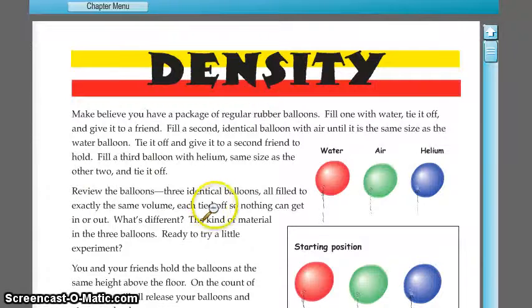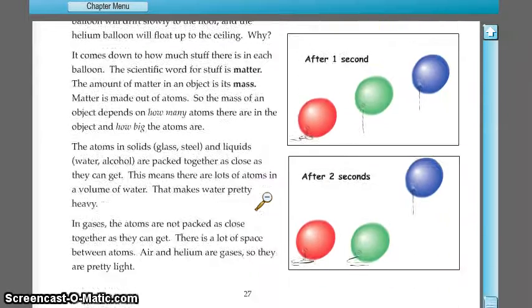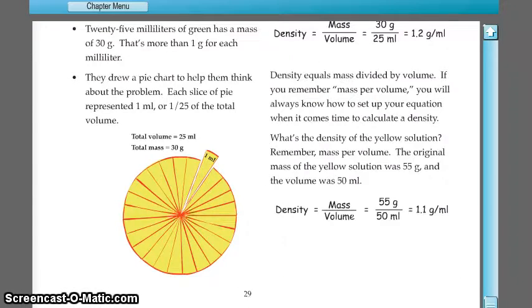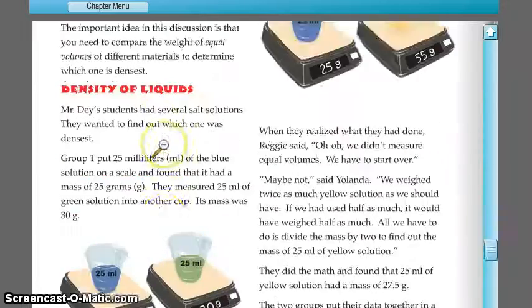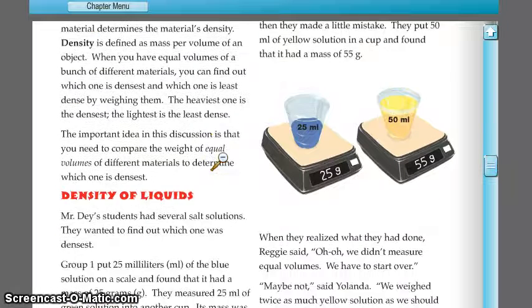Next, we read the article Density in Class. It was talking about the density of different objects. It started off talking about some balloons, and if we fill them with different objects, some will float down slowly, and some will actually rise up, depending on what they have in them. As we go to the different articles, they start going over the demonstration that we did in class, and they start weighing out the different solutions.